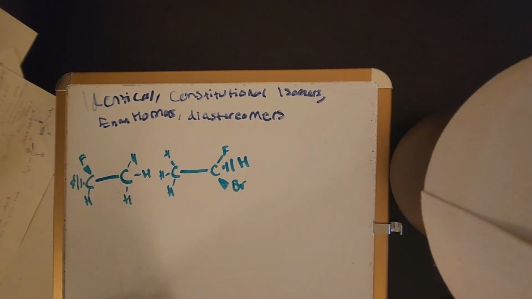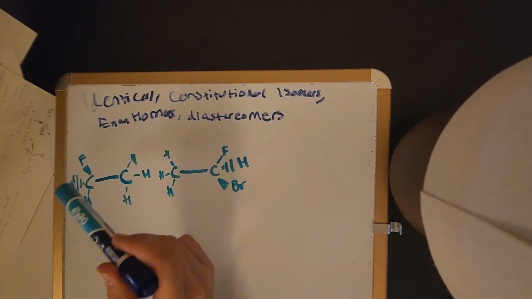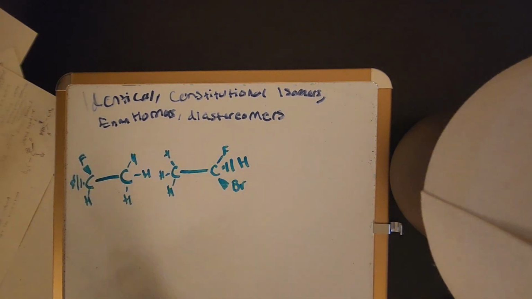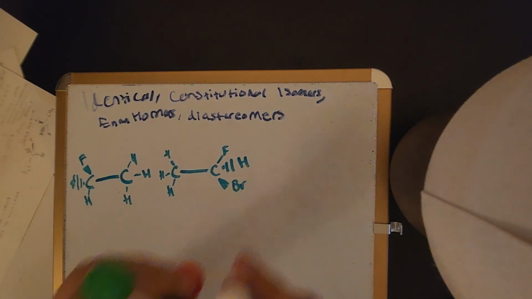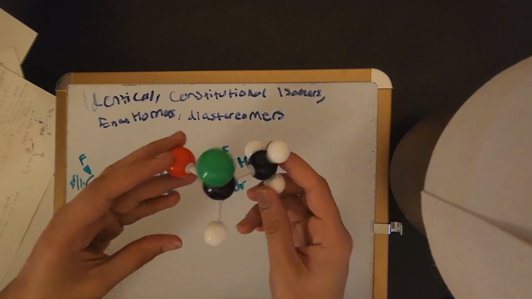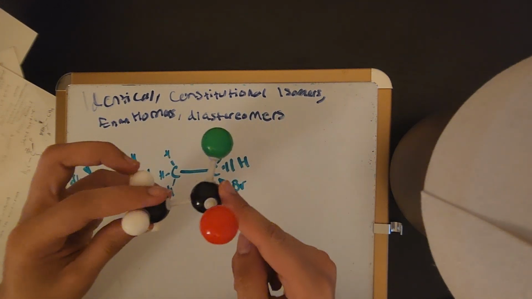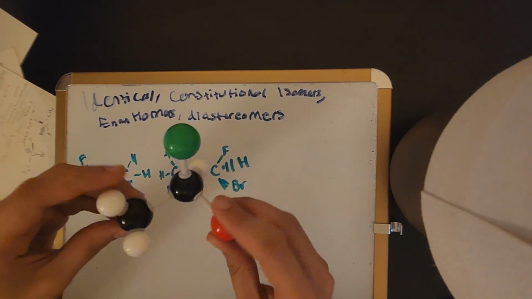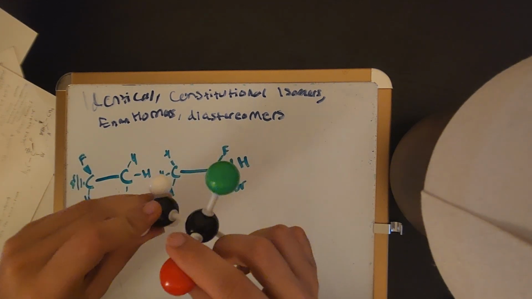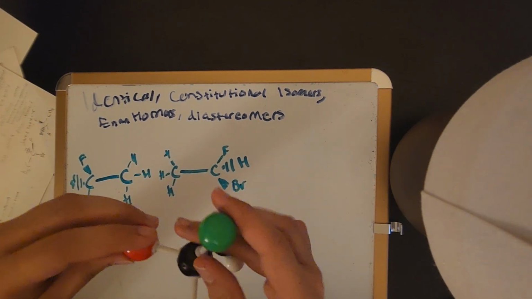Alright, on first look, you're going to think, oh, this is a chiral carbon, and they've completely switched positions. Here's what a model is in use. So this is the model. This is the CH3. This here, red can be the bromine, and green can be the fluorine.